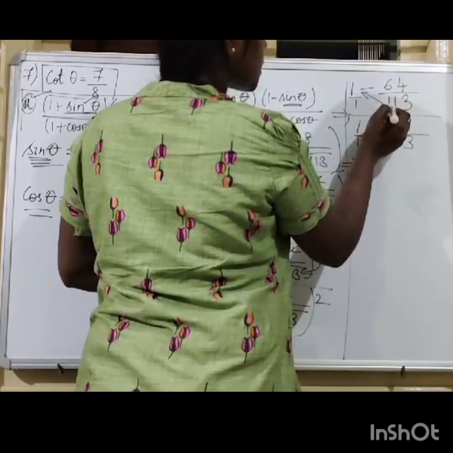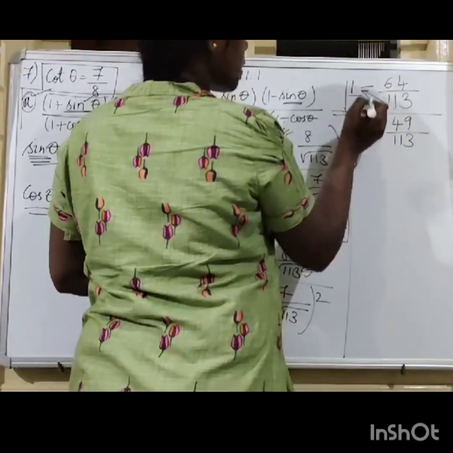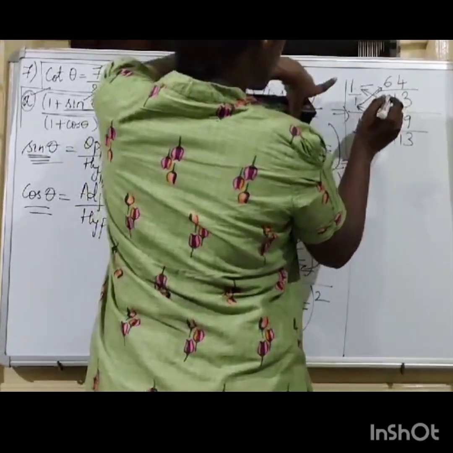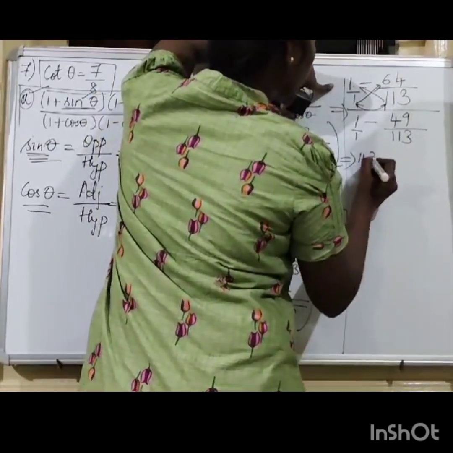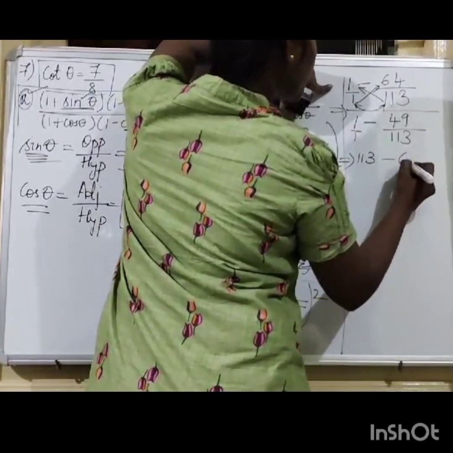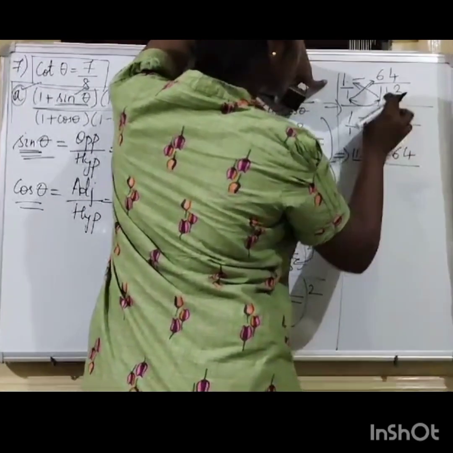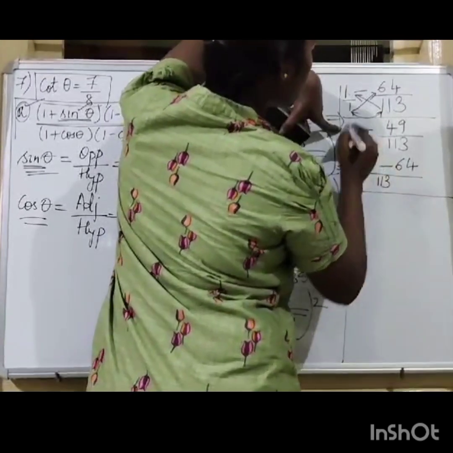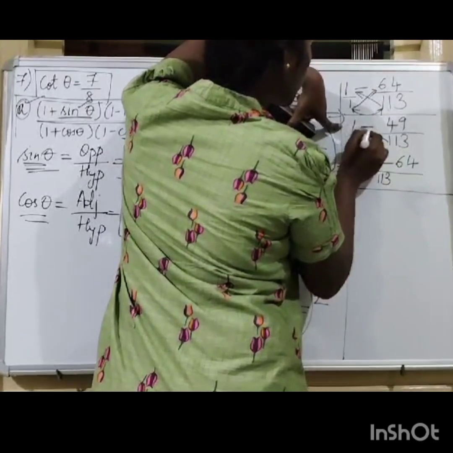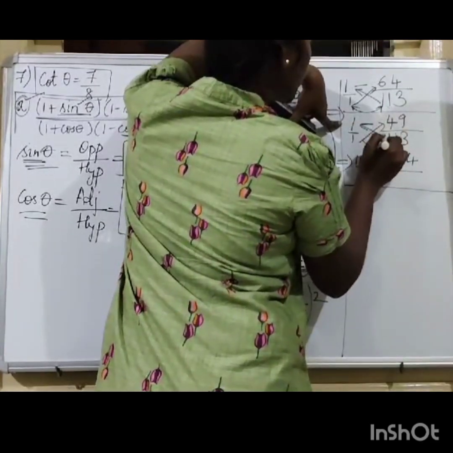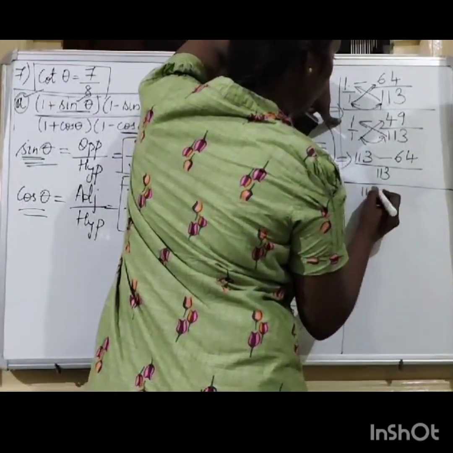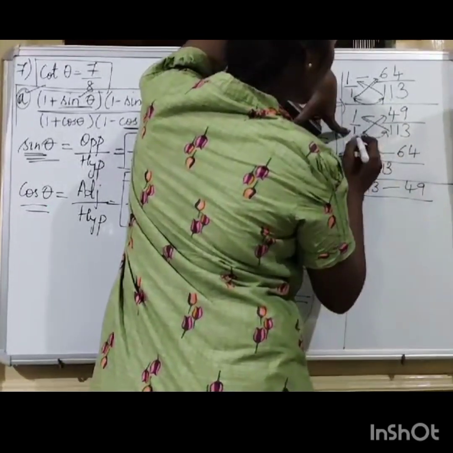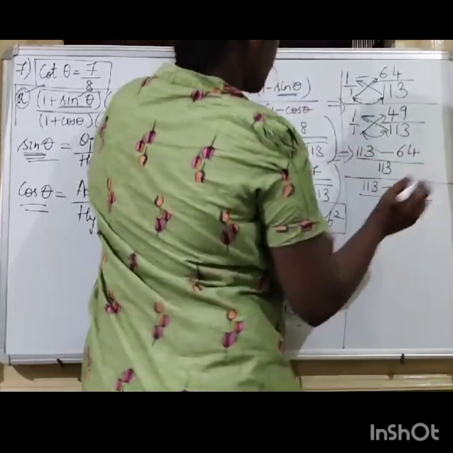We multiply 113 with 1, and 113 into 1 is 113 minus 64, whole divided by 113. Similarly for the denominator also, LCM: 113 into 1 is 113 minus 1 into 49 is 49, whole divided by 113.